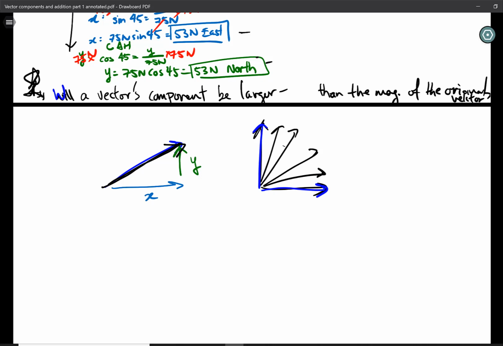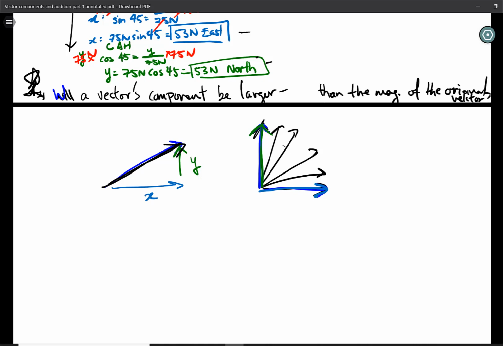In those cases, notice it will not have an x component for this vertical one, or it's not going to have a y component if it's directly flat. So that means the component of that vector would be the vector magnitude itself.